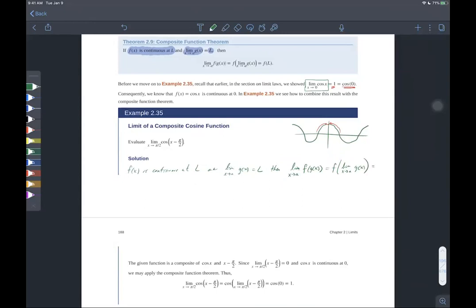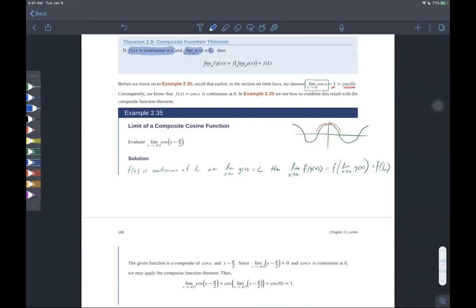And of course, the limit inside the parentheses is L, and we have f applied to that.